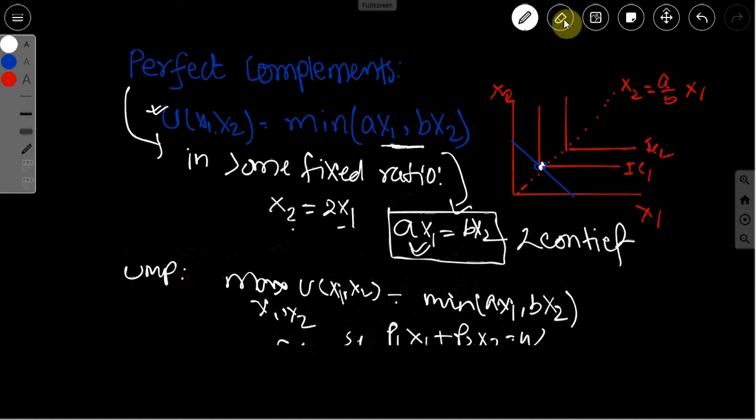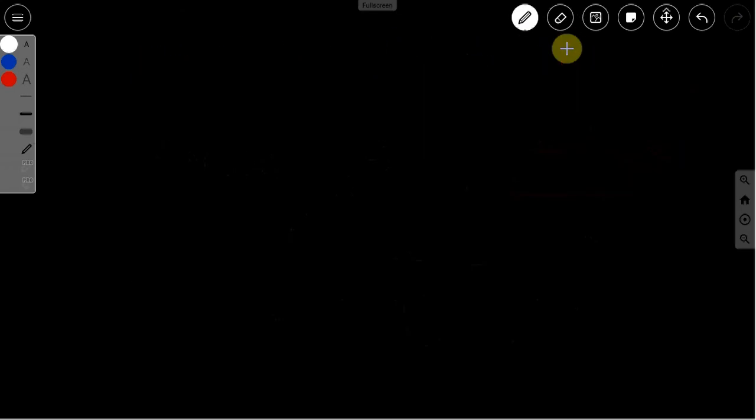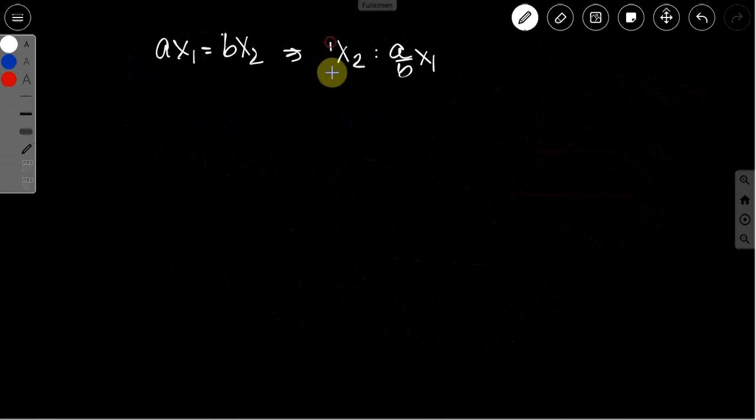So now let us use these two conditions. The first condition is along the ray, ax1 will always be equal to bx2. This gives us x2 equals a over b x1. So now we substitute this condition in the budget constraint.